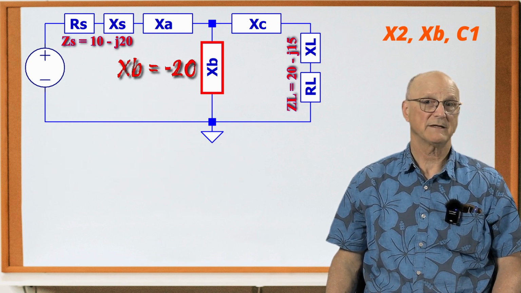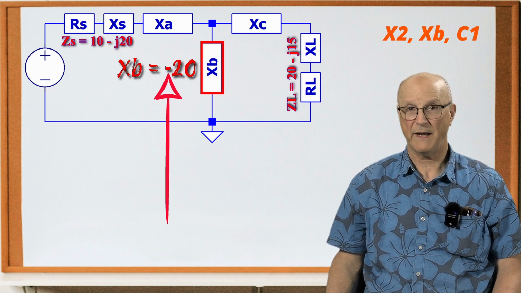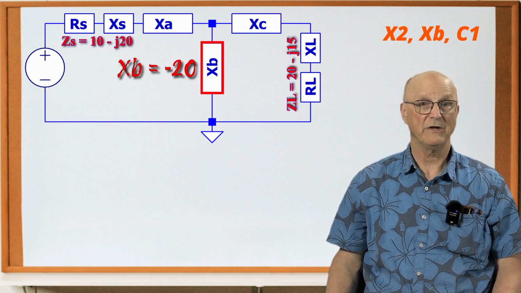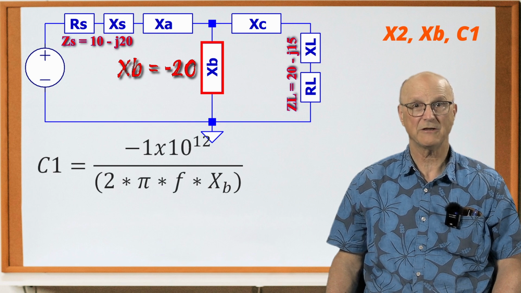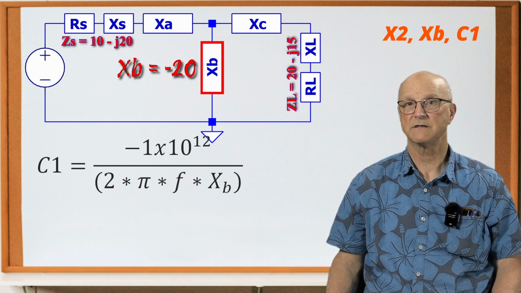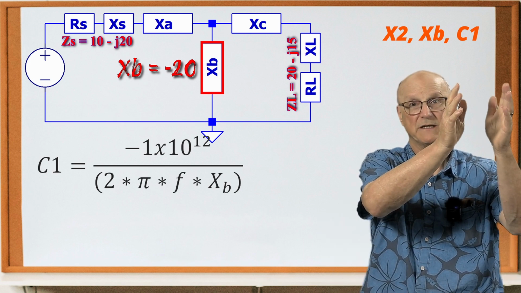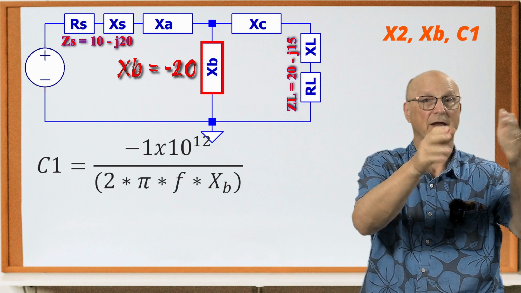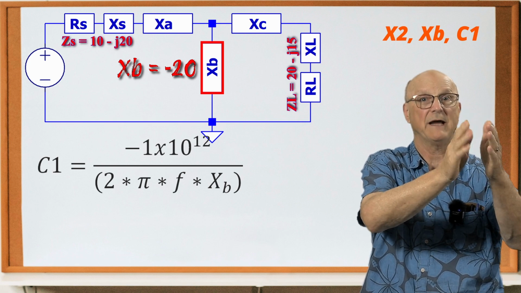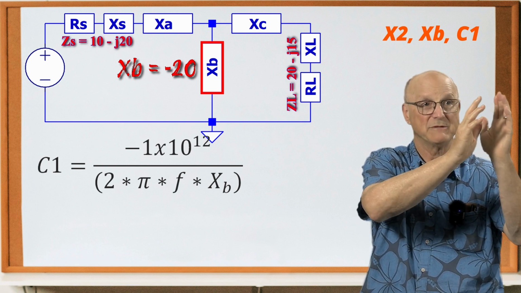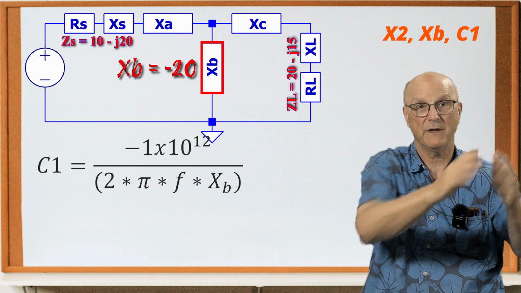Because this reactance is negative, we know it's a capacitor. Therefore, we use this formula to calculate the capacitance in picofarads. C1 is equal to a negative 1 times 10 to the 12th divided by 2 times pi times the frequency in hertz times that capacitive reactance XB.